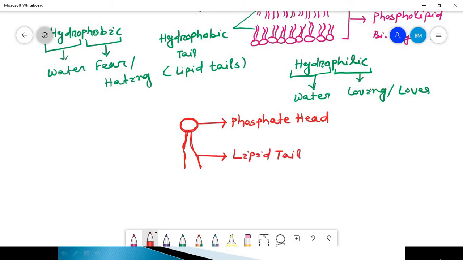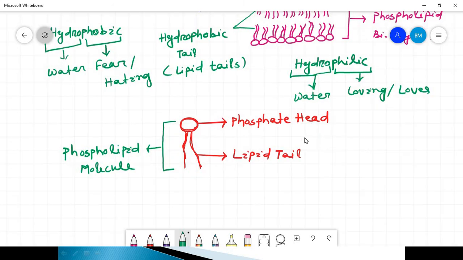Combined, they form the phospholipid molecule, and two layers of phospholipid molecules form the plasma membrane. It is an amphipathic molecule, having both hydrophobic and hydrophilic regions.